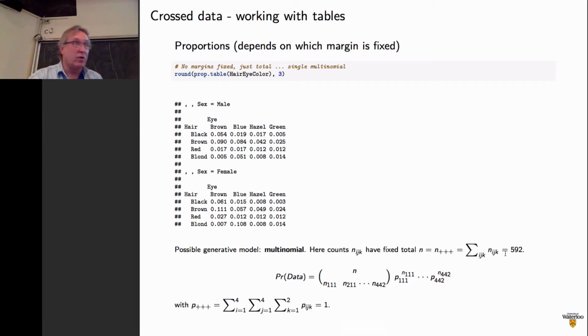I've got n, the total 592, and N_ijk is just the number in the ijk cell. So I could represent a generative distribution for a table like this. Say these were in fact the probabilities associated with it. These probabilities sum to 1, and I could talk about generating data from this distribution. Okay? Does that make sense?